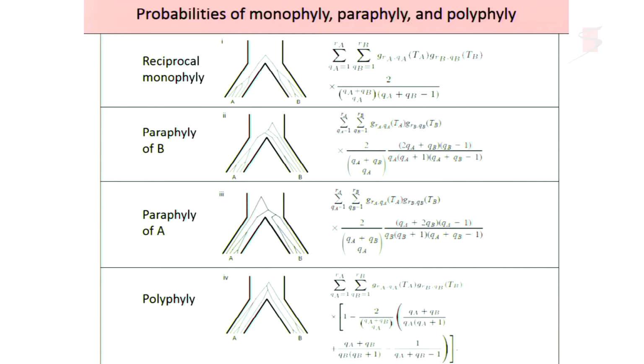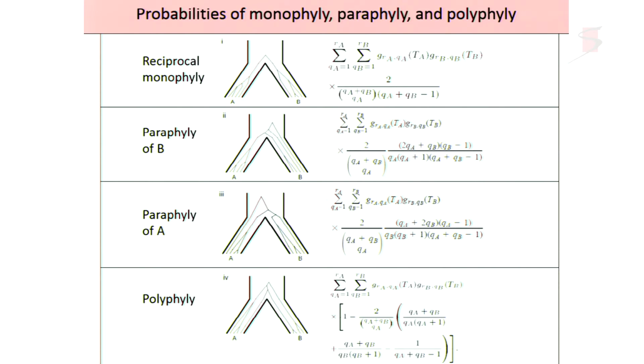Okay, so here are just the answers for the formulas for the four different gene tree shapes using this kind of approach. And you can see that all four equations have the same kind of structure.